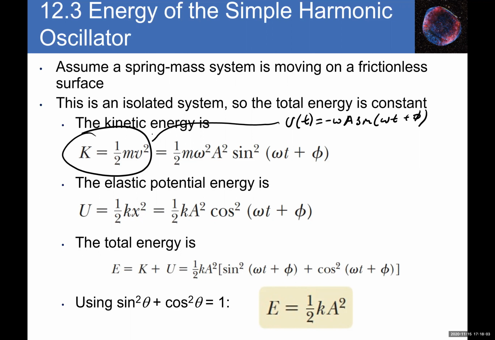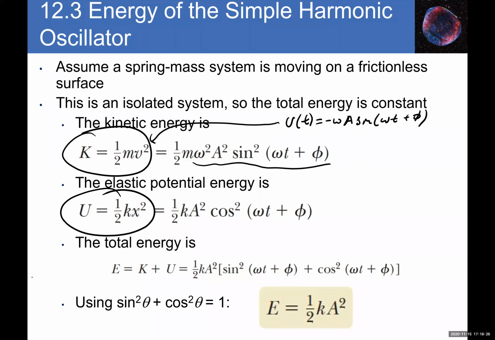That means I take v and plug in over there and it becomes this quantity there, which is omega squared, a squared, sine squared. Everything is squared because you're squaring the velocity or the speed. That means that's my kinetic energy. And it also changes with position, right? Because at every position you're moving at a different speed, that means the kinetic energy changes.